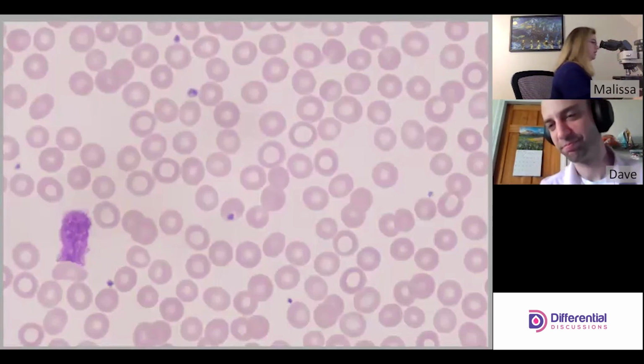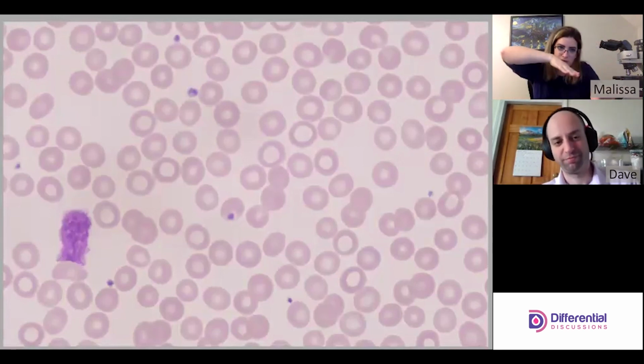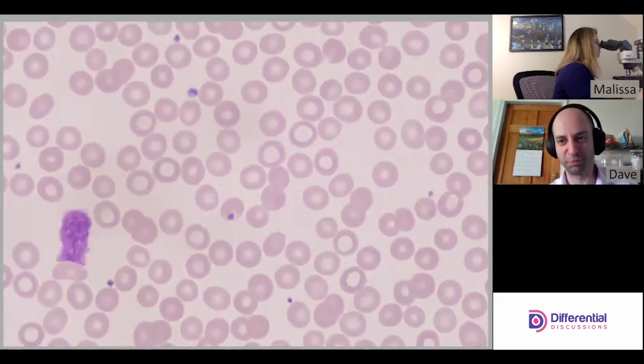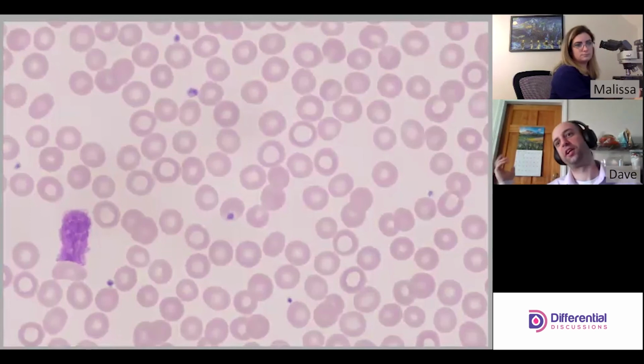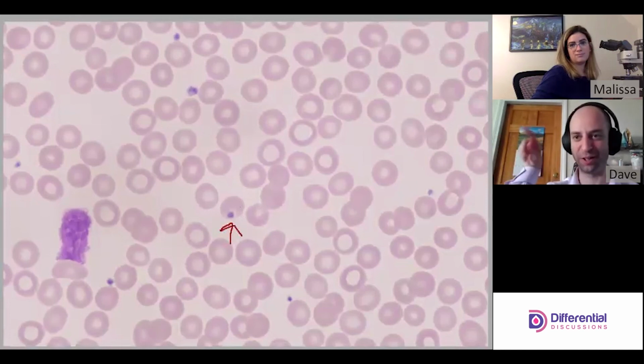And just to clarify, a smudge cell is a cell that became a smudge because of the smear making process. The cytoplasm is basically ruptured, and you just have a freestanding nucleus. Oh, and just as a side note, we have another platelet on top of a red cell over there, with a beautiful halo around it.